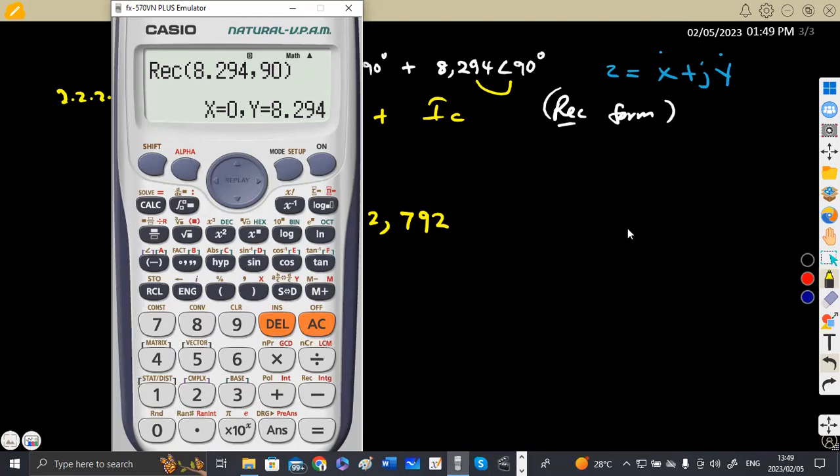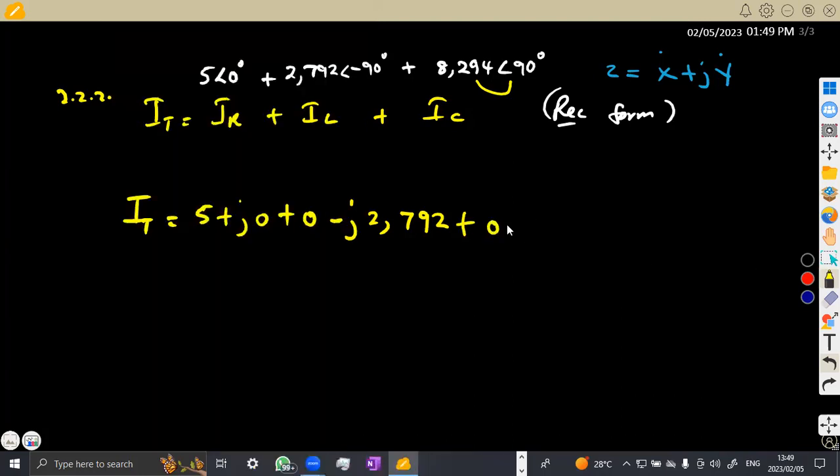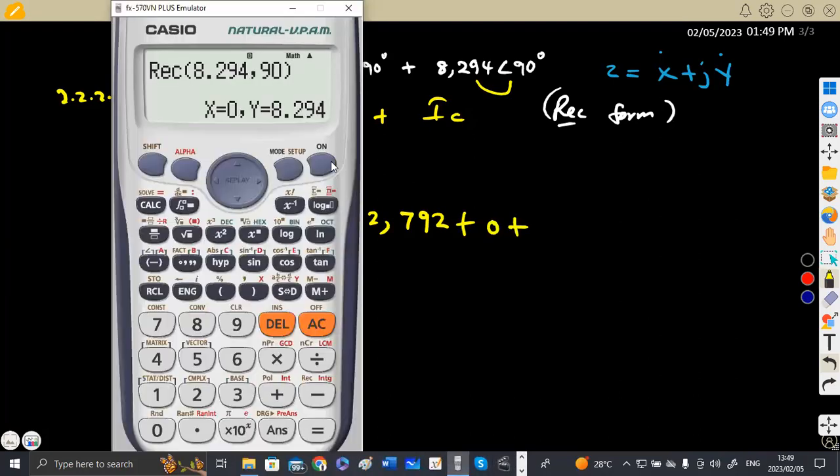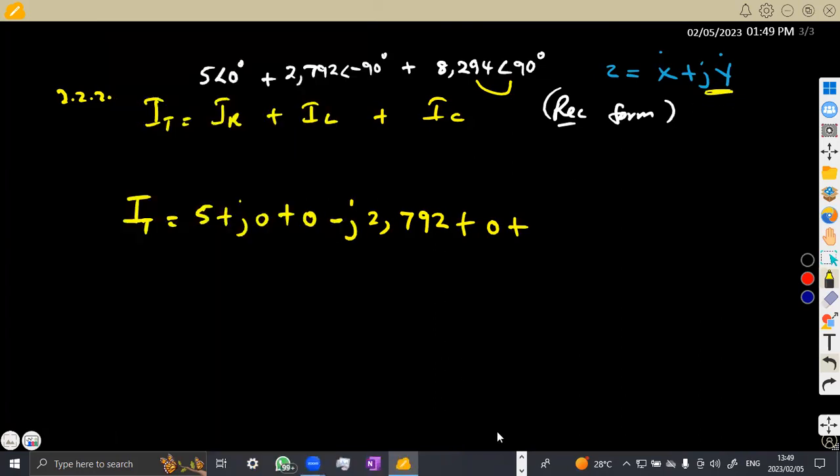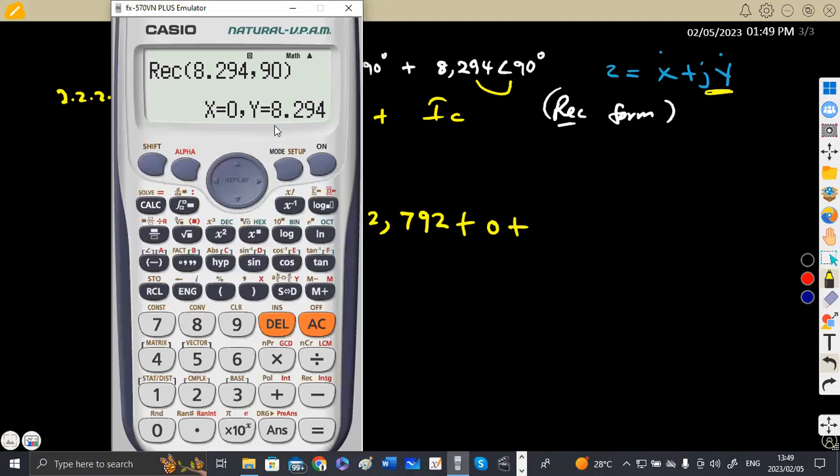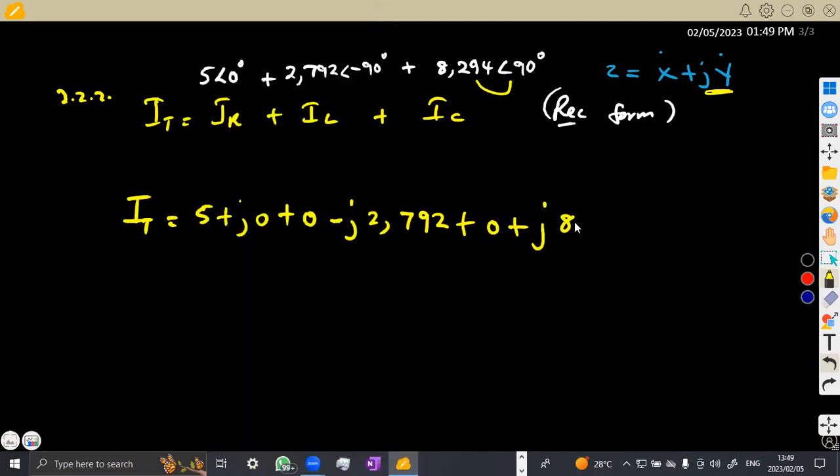So we are going to have plus 0 here. The imaginary part is the one that has the j, so it's the one that has y. So this jy there, which is 8.294, so it's j 8.294.